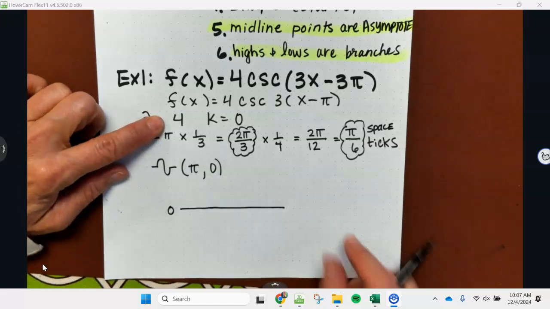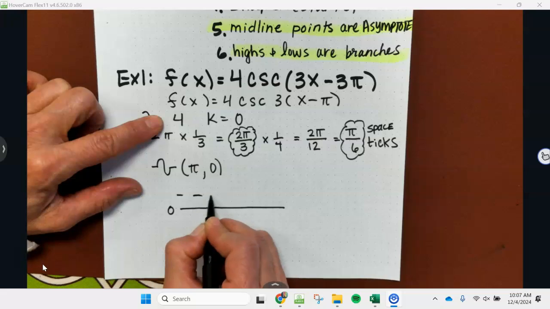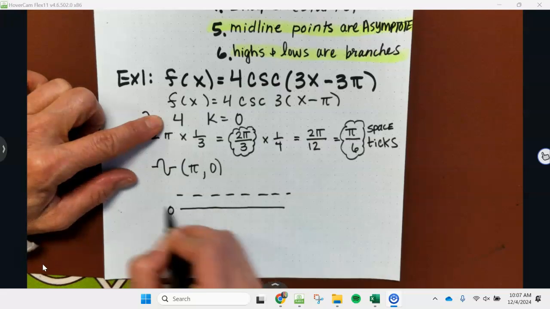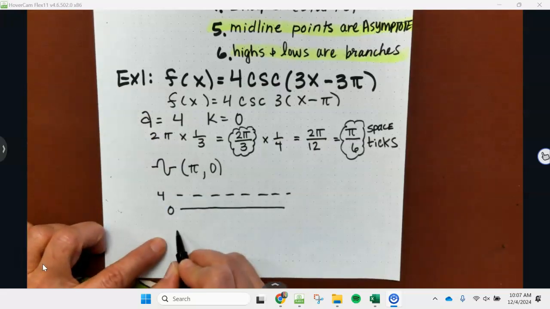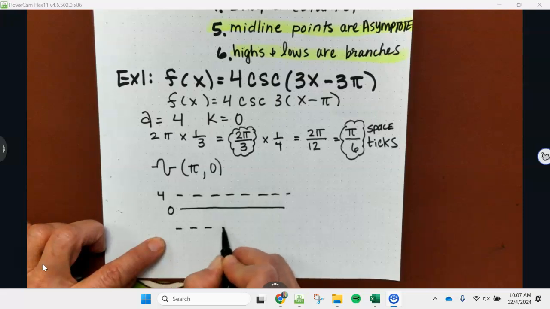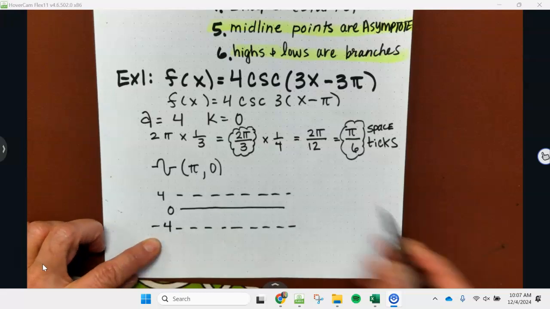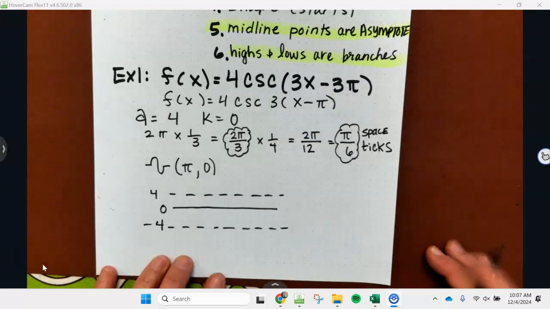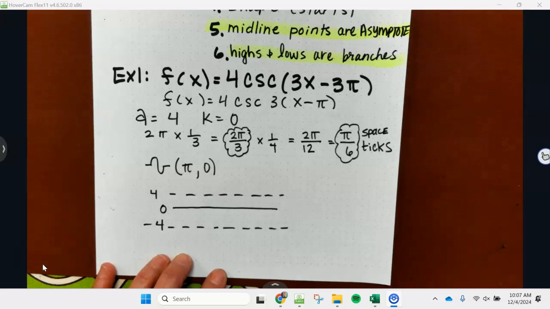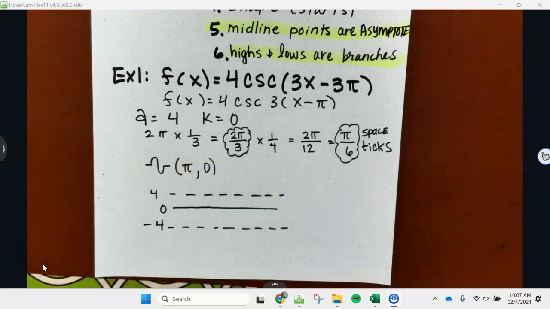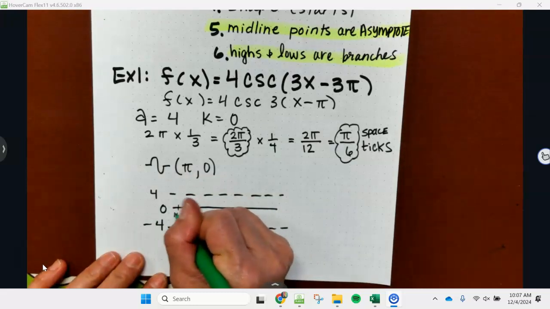Using my amplitude, 4 places above that is the highest the graph goes. This is going to be positive 4. Using the amplitude, below the midline is going to be the lowest that it goes. And I know the graph starts at pi. And I know it starts on 0, but let's just focus on our tick marks.